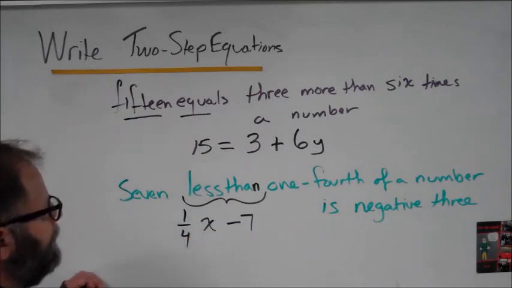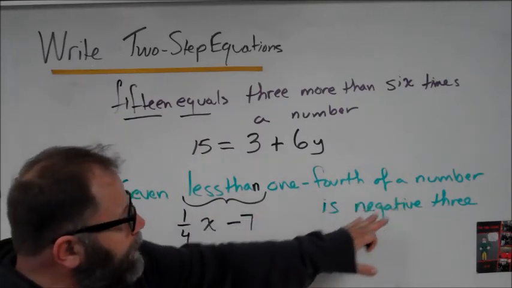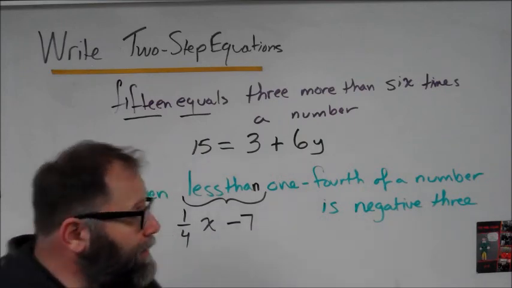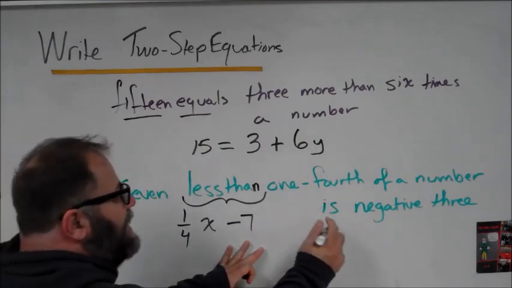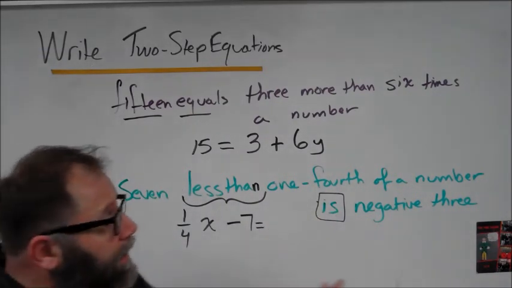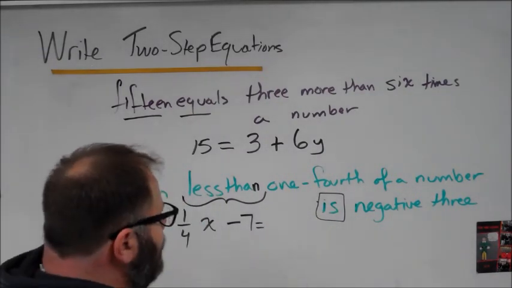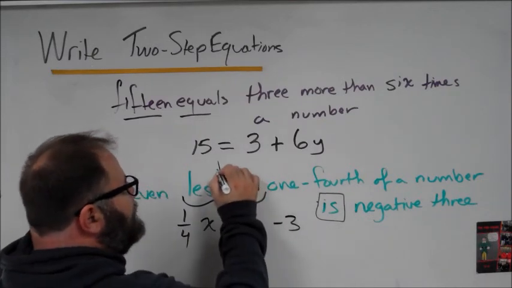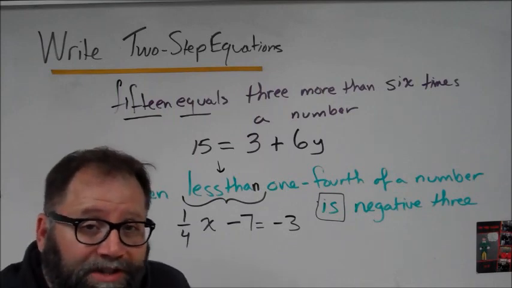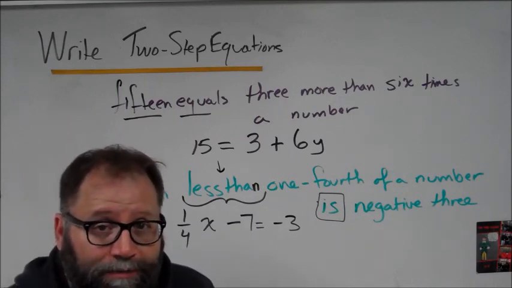I have a number, and then take away 7 from it to get 7 less. And then our classic is here, equals, and it's equal to -3. This is the kicker, right? That less than is the one where math teachers deliberately try to get you.